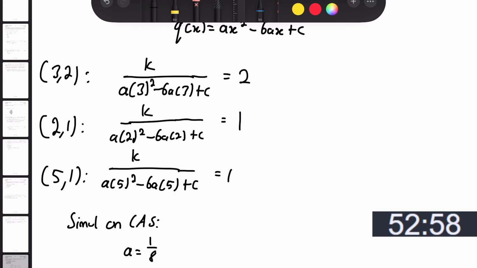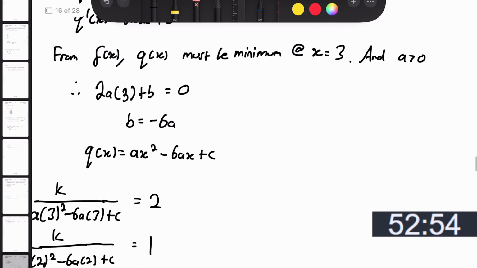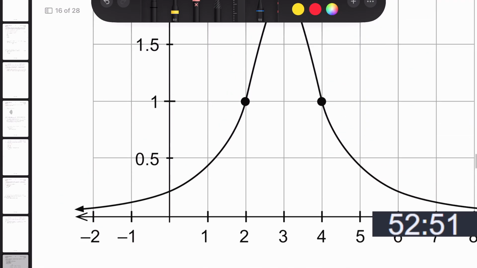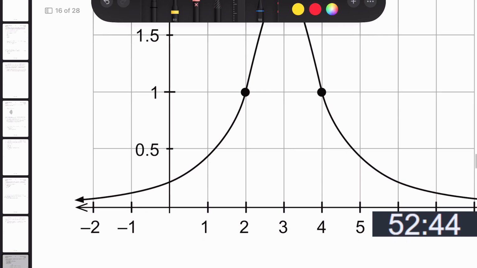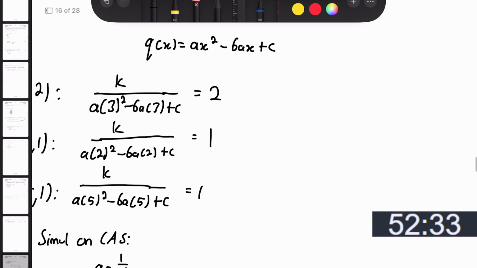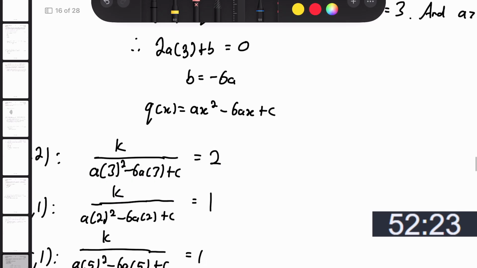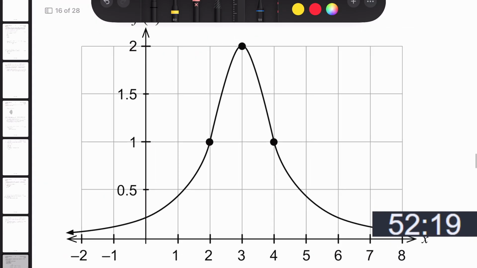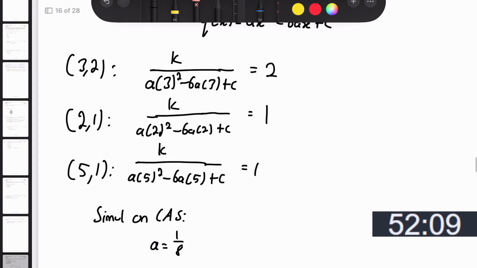And I got... I can't seem to get it to equal that. 2 there, 3, 2. What on earth? Why is this not giving me an answer?